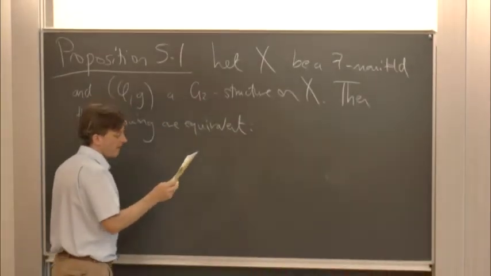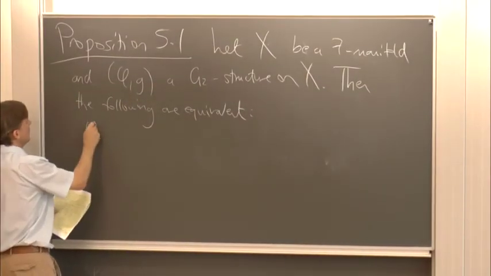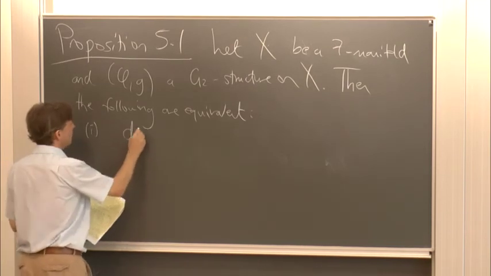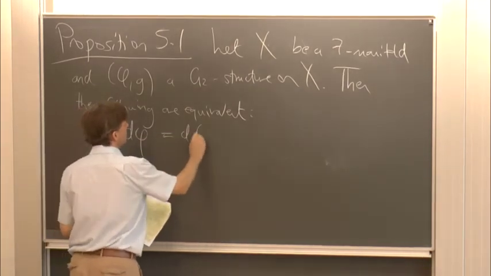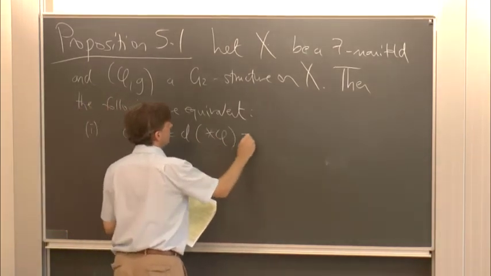Firstly, d of phi and d of star of phi are 0.